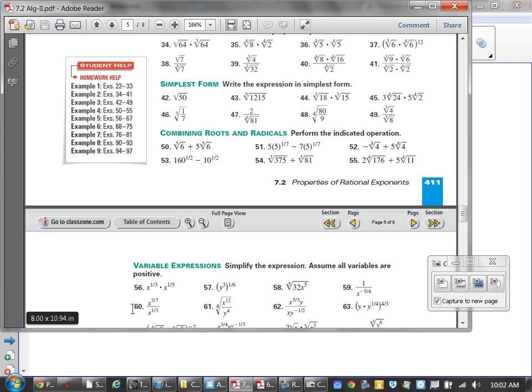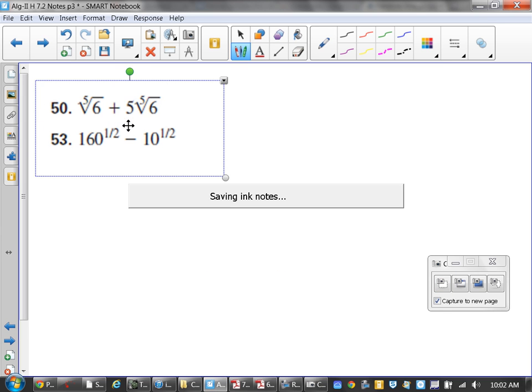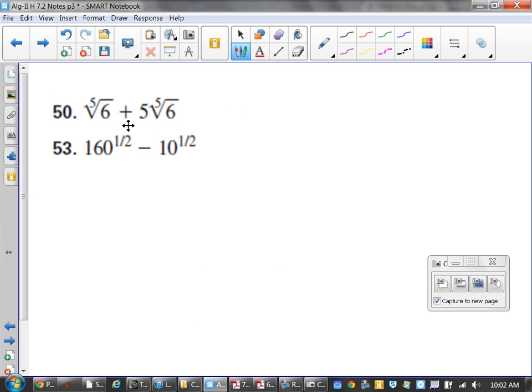So if I'm looking at just these two, I have the fifth root of 6. 6 is the base, the nth root is 5. Same thing on the other one. Base is 6, nth root is 5. Can I combine those two? Yes. Okay, what's 1 plus 5? 6. Your answer is 6 to the fifth root of 6.